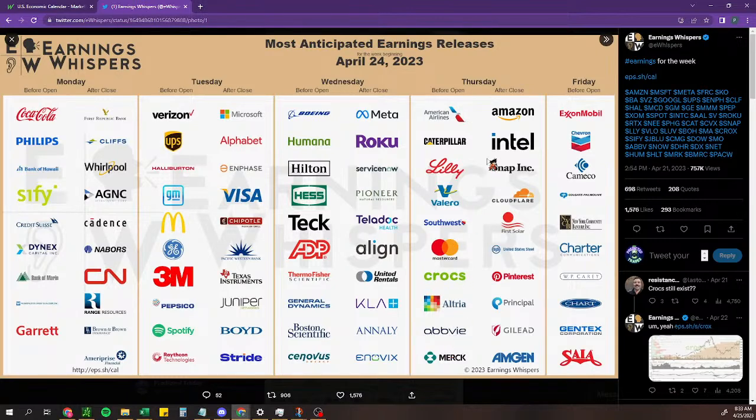Don't forget about Crocs. On Thursday, after the bell, Amazon is the big one. Intel, Snap, Pinterest. Snap and Pinterest might not seem interesting, but there always are interesting reactions around Snap.